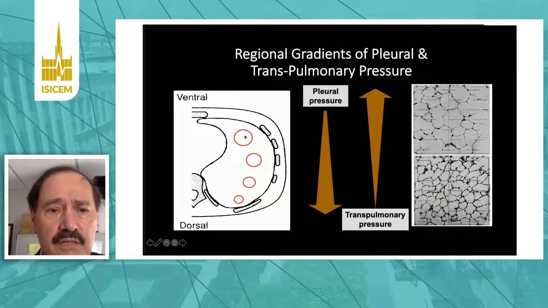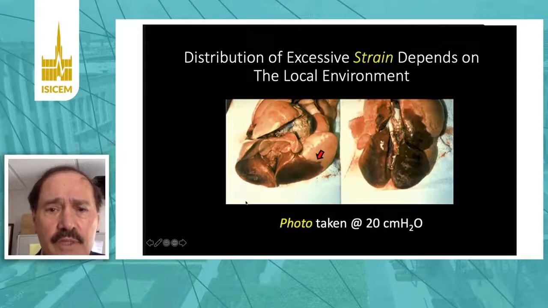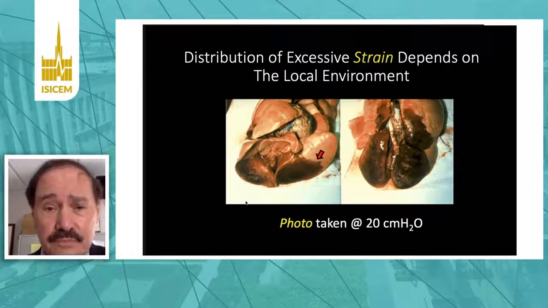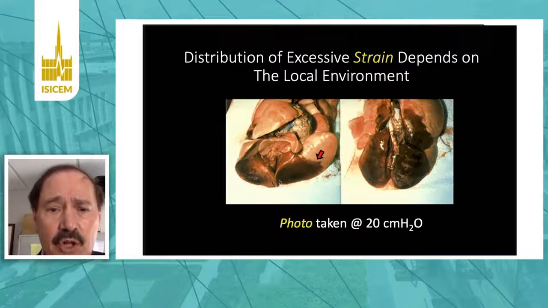In other words, the ventral alveolar units are subjected to greater transpulmonary forces, so why wouldn't they damage more? Well, in fact, in the laboratory, as we've shown almost 25 years ago, if you ventilate in the supine position with excessive tidal volumes and low levels of PEEP, the damage all occurs in the unexpected zone, in the dependent zone.